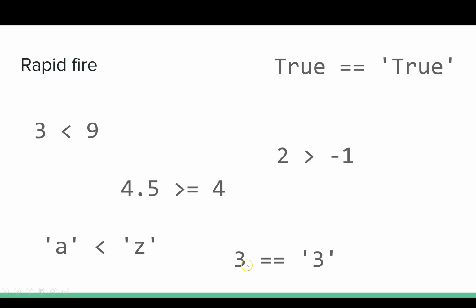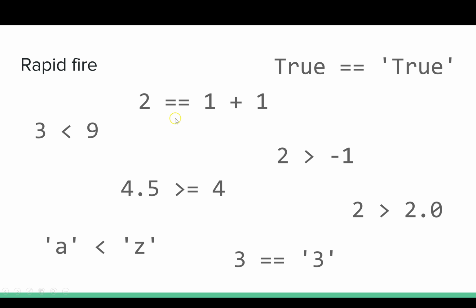Okay, and now is 3 equal to string '3'? Again, it is false, because this is integer 3 and this is a string containing 3. So an integer is not equal to a string. What about is 2 greater than 2.0? It's again false, because it is actually equal, not greater.